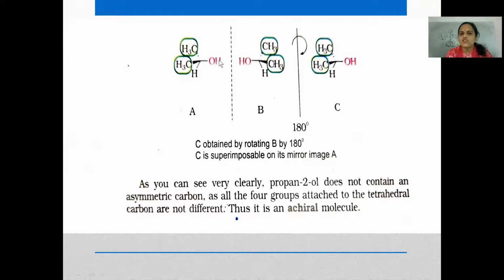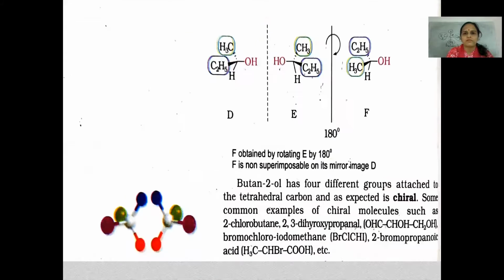Since C is getting superimposed on A, this molecule is achiral. So propane-2-ol is achiral in nature. I have shown you through this diagram.